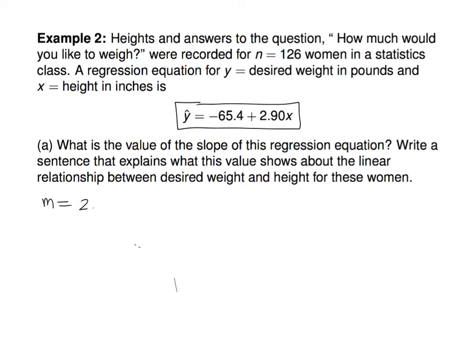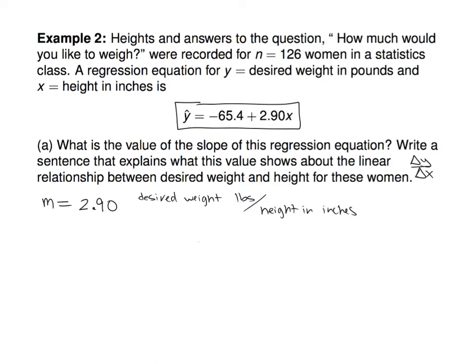So m is equal to 2.90. And think change in y over change in x. So y's units is the desired weight, which is measured in pounds, over x's units, which is the height in inches.